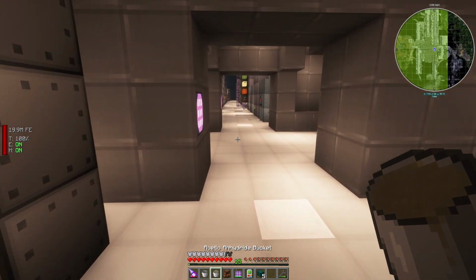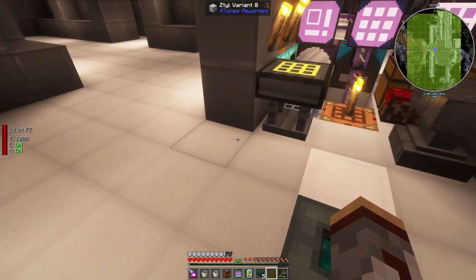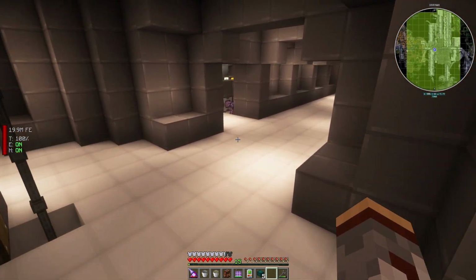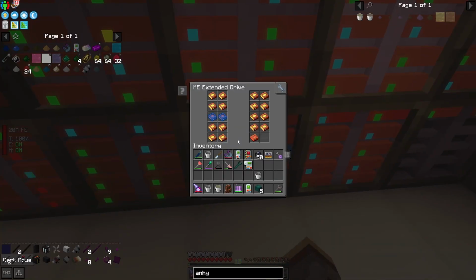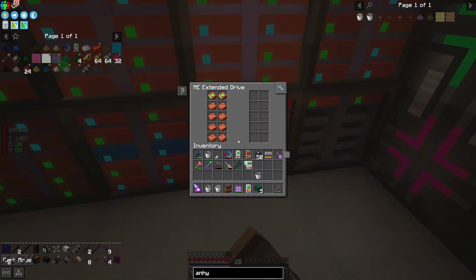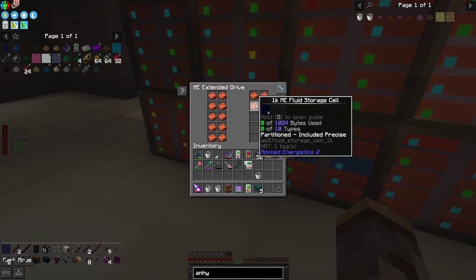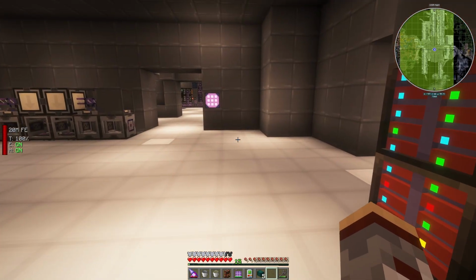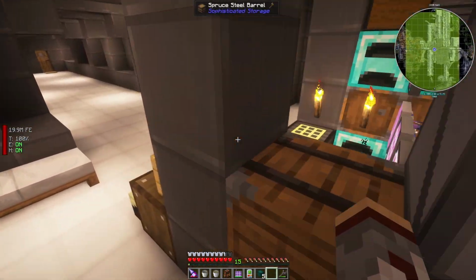Okay. So there's the anhydride. I forgot that we... Wait, we did put that into a cell, didn't we? Shoot, what drive was it? Yeah, I guess we did. Okay. Losing my mind.